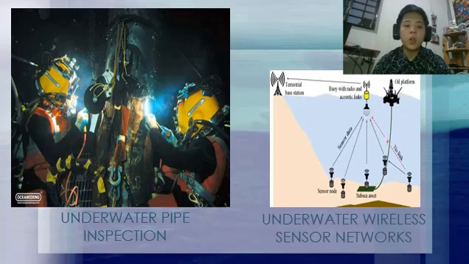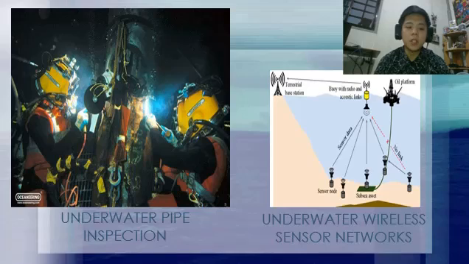Underwater oil pipe inspection and underwater wireless sensor networks. Underwater oil pipe inspection refers to a preventive maintenance examination of pipelines to identify corrosion, cracks, and other defects that may result in the catastrophic failure of the structure. It is a form of non-destructive examination.